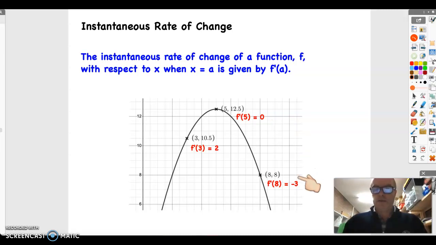And at x equals 8, the value of the derivative is negative 3. And to put that in other words, we're saying that y is decreasing 3 times faster than x is increasing. And of course that was not the case immediately before that point, and even after that point that rate of decrease will be even higher.